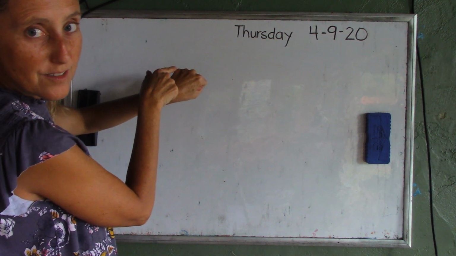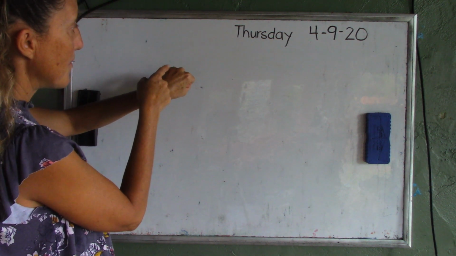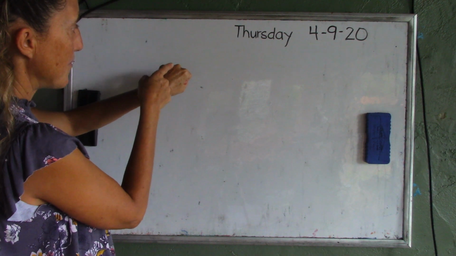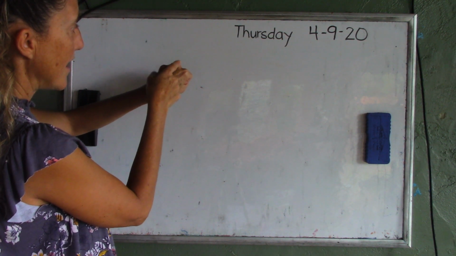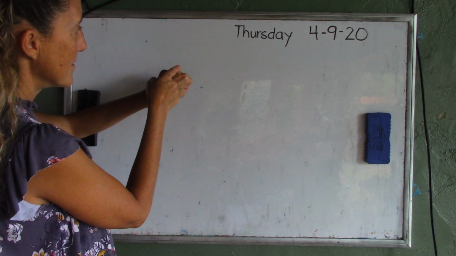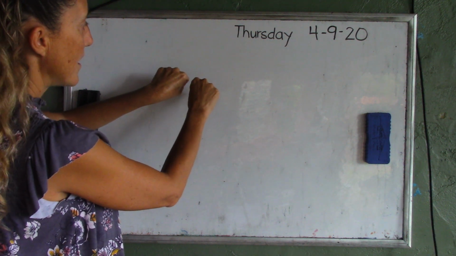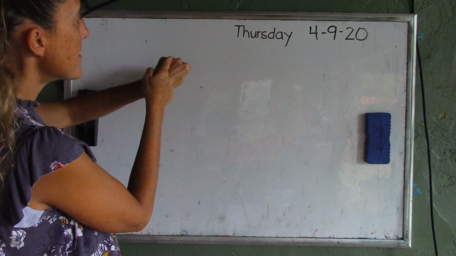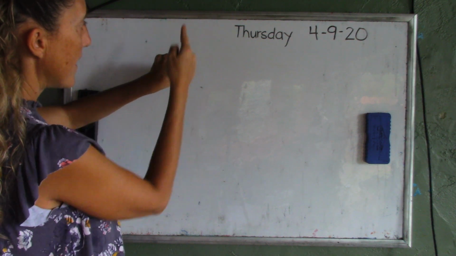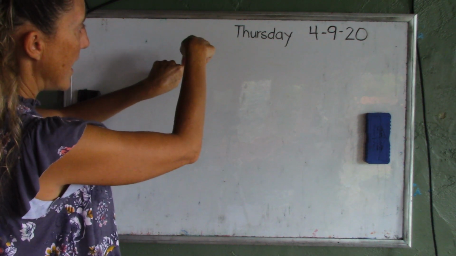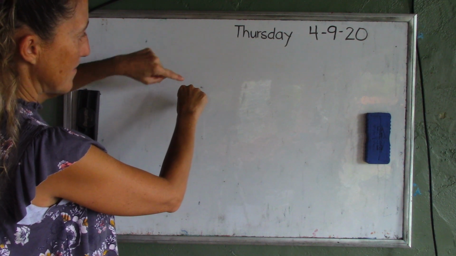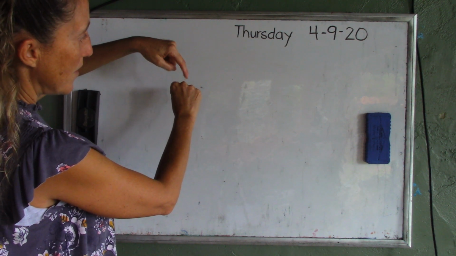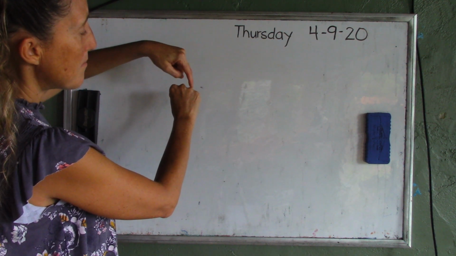January is your knuckle, February is the dip, March is the knuckle, April is the dip, right? May is the knuckle, June is the dip. So here we go. January, February, March, April, May, June, July, August, September, October, November, December.